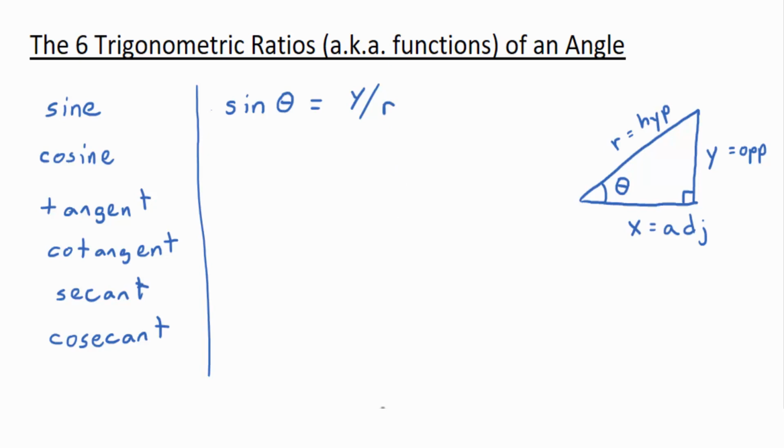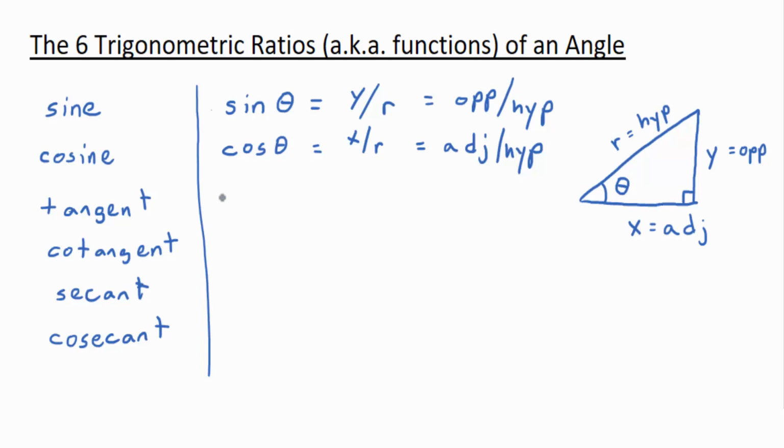We'll write down opposite over hypotenuse too, because some of you might think of it in those terms. Does that look more familiar to you? Yeah? Does anybody remember what the cosine of theta is? How that's defined? So that would be x over r, and then some of you said equivalently adjacent over hypotenuse.